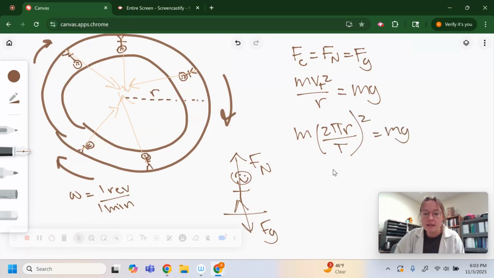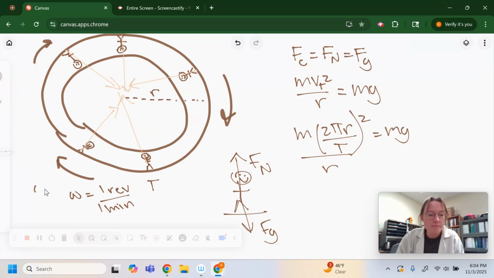So once we expose that r here, now we might be able to rearrange, except that this t here is not given to us. We have omega, but we don't have t. In order to find the period of motion, we can rely on our equations for omega.